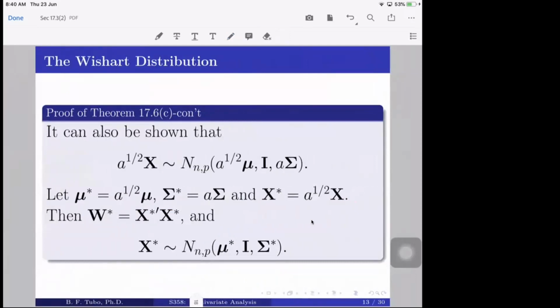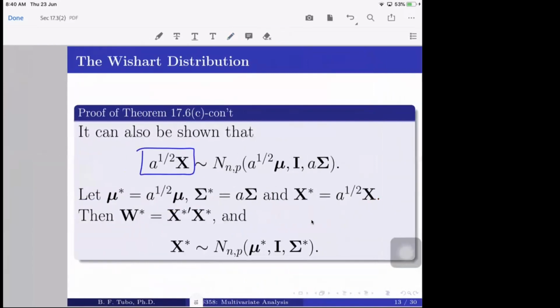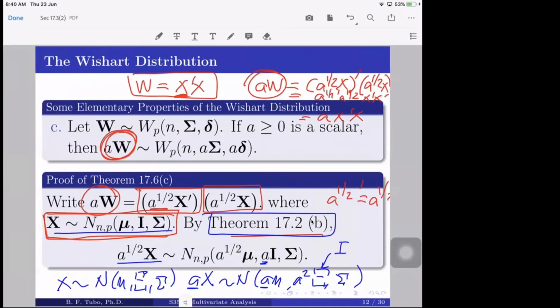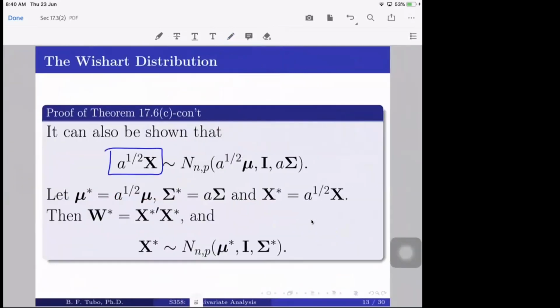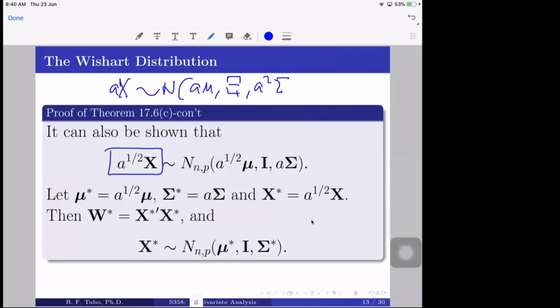So I told you yesterday that it can be shown that instead of having the a squared here, it can be in the psi. So you will have ax to be normally distributed with a mu, psi, and a squared sigma, no?